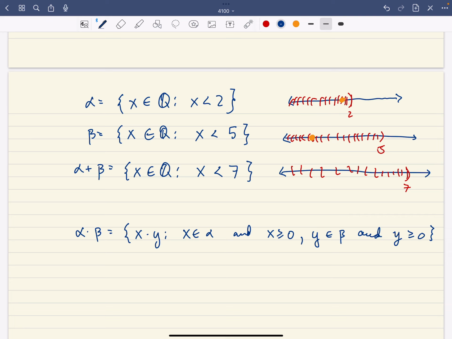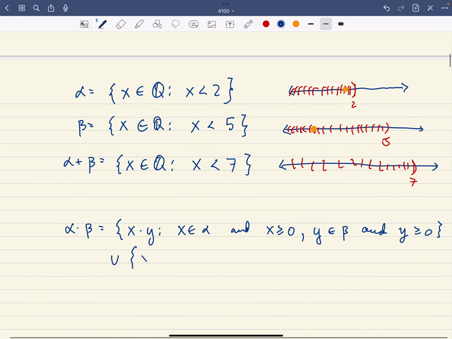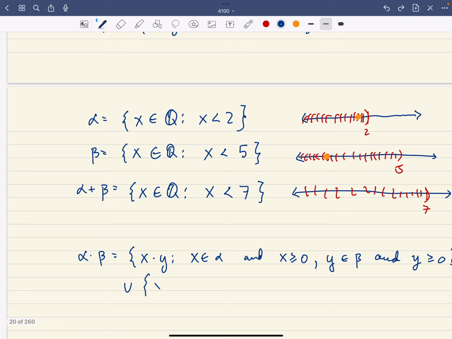And then we're going to take that set and union it with all the rationals that are strictly less than 0. So then we'll put back all of the values that are less than or equal to 0.